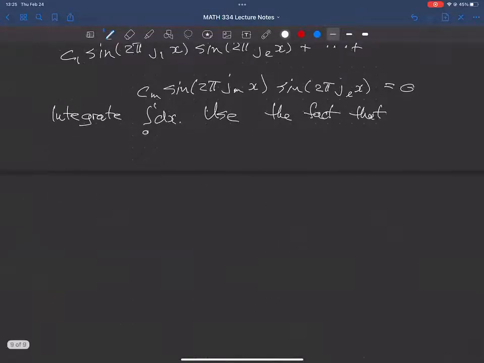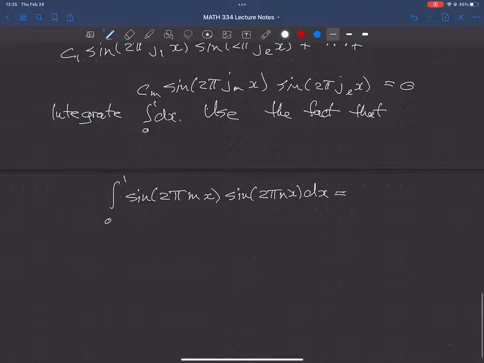And the punchline is this: the integral from 0 to 1 of sine 2 pi m x times sine 2 pi n x dx, where n and m are integers, is equal to 1 if n is equal to m and 0 otherwise.